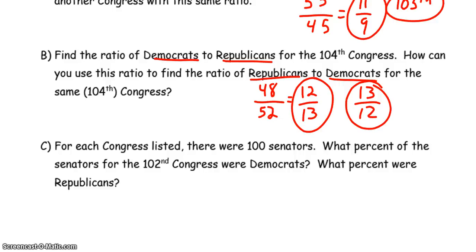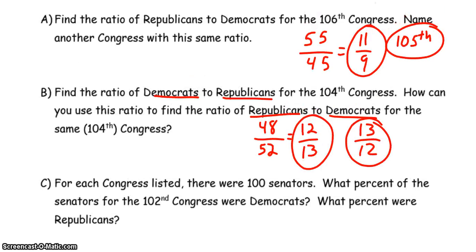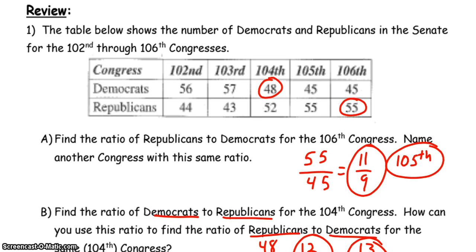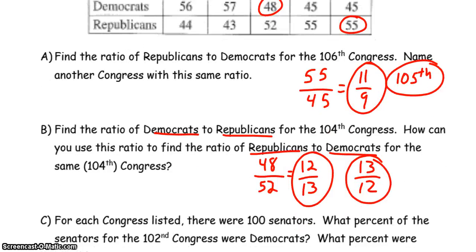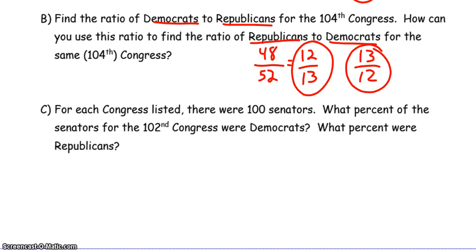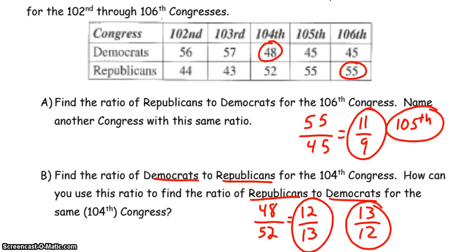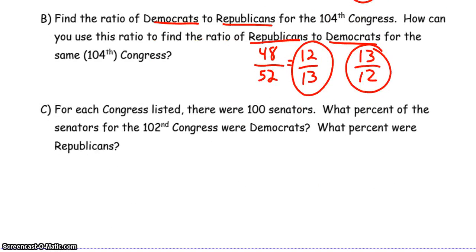What percent were Republicans? If we look back at the 102nd Congress, there were 56 Democrats and 44 Republicans. Because it was out of 100, we could simply use those numbers. So the Democrats would be 56%, and the Republicans would be 44%.